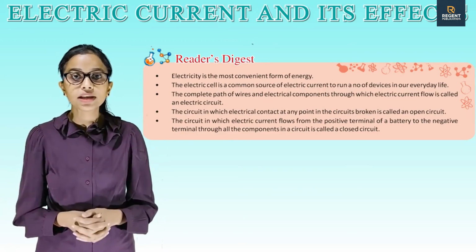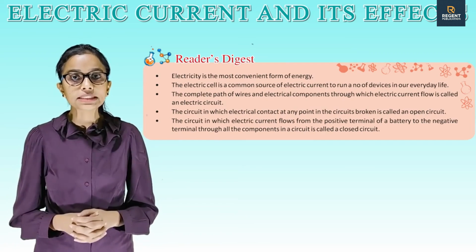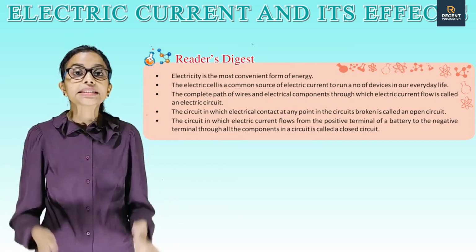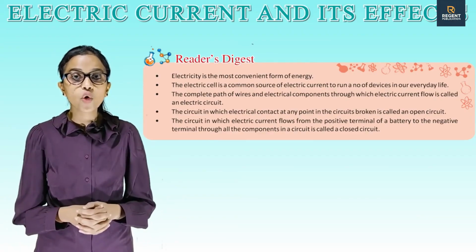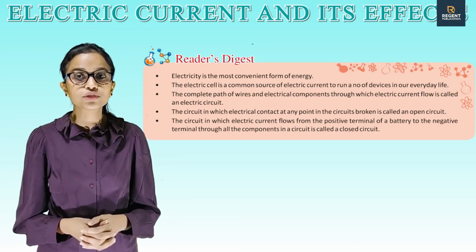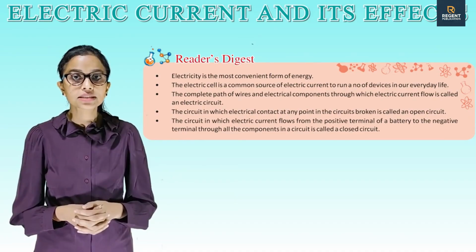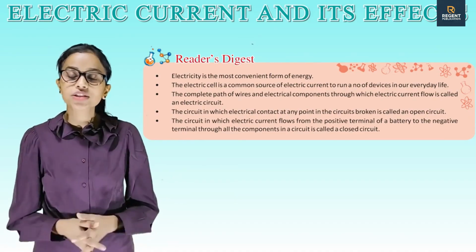The circuit in which electrical contact at any point is broken is called an open circuit. The circuit in which electric current flows from the positive terminal of a battery to the negative terminal through all the components in a circuit is called a closed circuit.